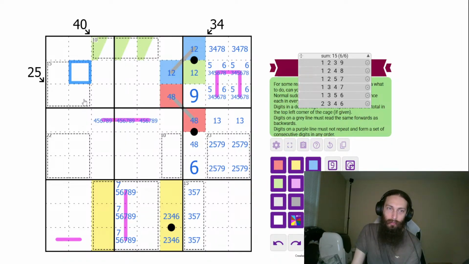There are lots of ways that this has both 1 and 2 in it. If these added to 12, 3, 9, 4, 8, or 5, 7.